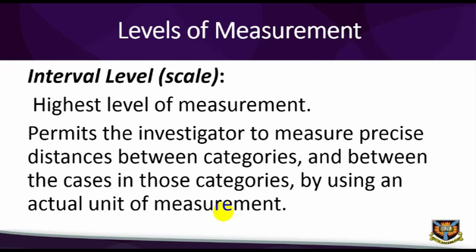The scale has magnitude and equal intervals but lacks the real or absolute 0 point. We can measure age in years, distance in meters, and temperature in Fahrenheit on the interval scale. By moving from a higher to a lower level, some information may be lost.